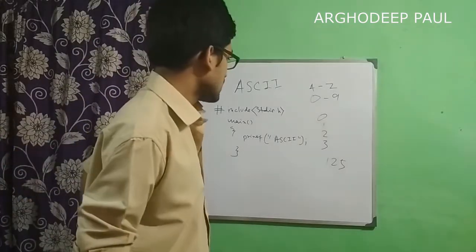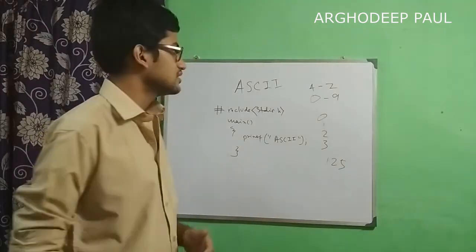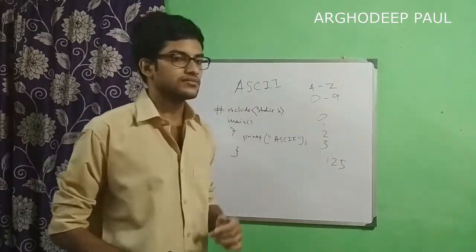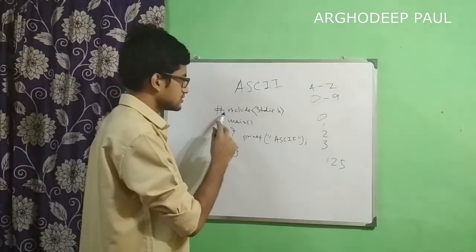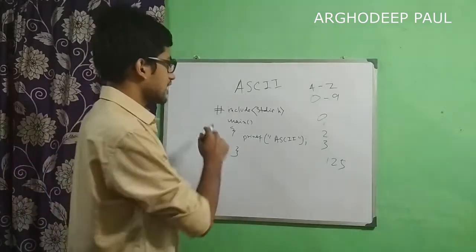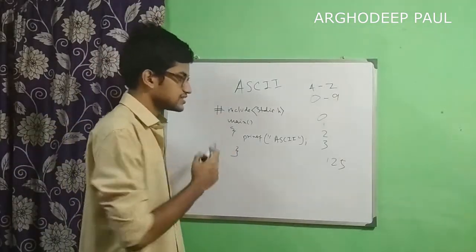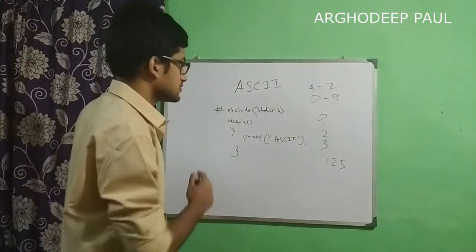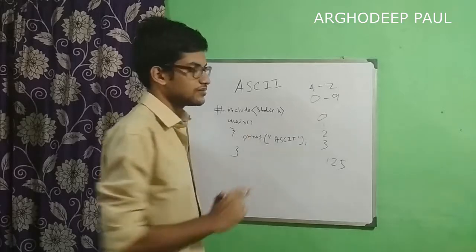So now we understand the decimal number system, its range, and also the alphabet. Now let us consider this small program, which is the hash part. The hash is the preprocessor, and hash is again a special character. This does not belong to the English alphabet or the decimal number system.